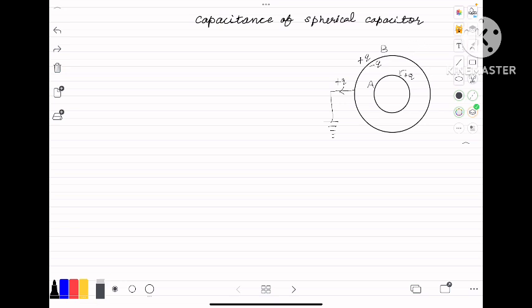Let O be the center, the radius of sphere A is small a, and the radius of sphere B is small b. Take a point P between the spheres which is at a distance r.